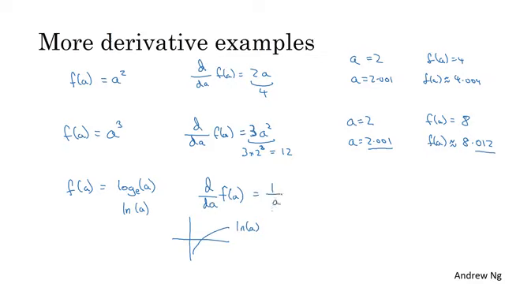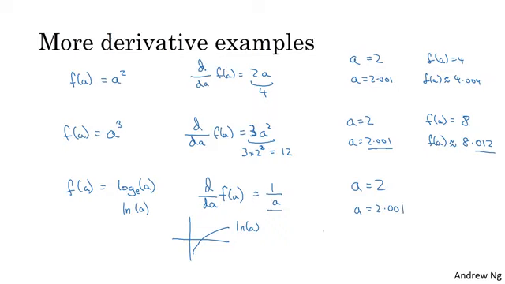So the way to interpret this is that if a is any value, and again, let's keep using a equals 2 as an example, and you nudge a to the right by 0.001, you would expect f of a to go up by 1 over a, that is by the derivative, times the amount that you increased a.